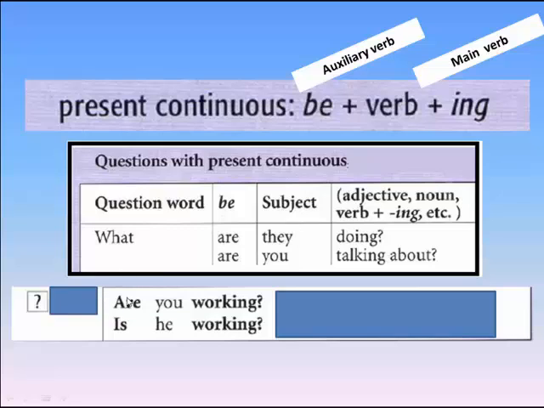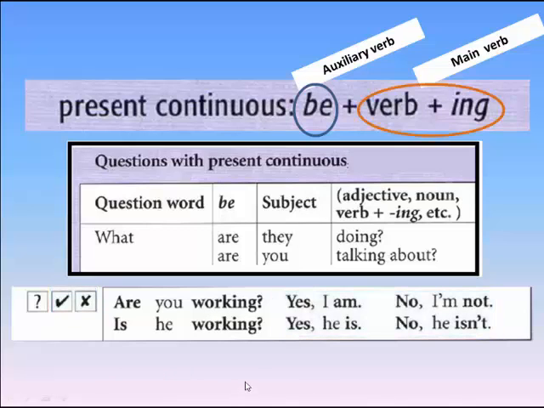But we also have yes or no questions. Are you working? Is he working? This is a yes or no question. And if we want, we can answer with the minimum amount of information. The minimum amount of information is yes I am, or no I'm not, yes he is, or no he isn't.